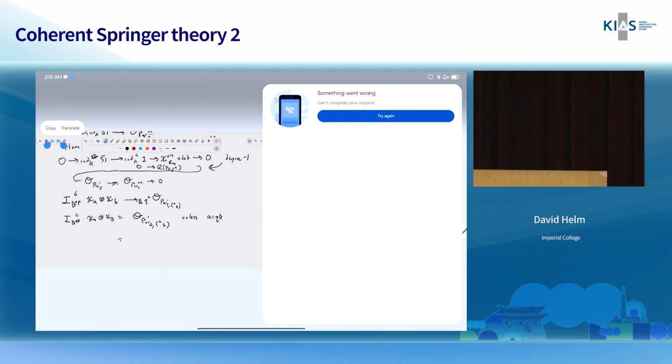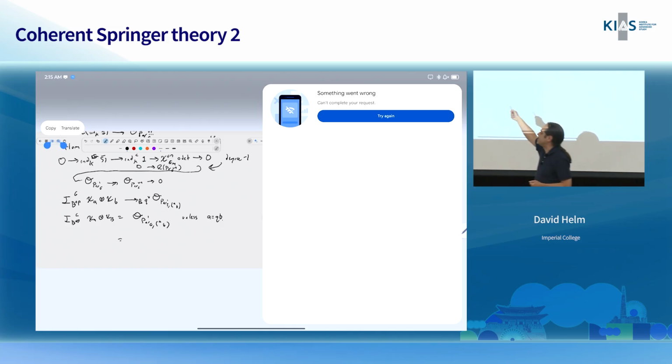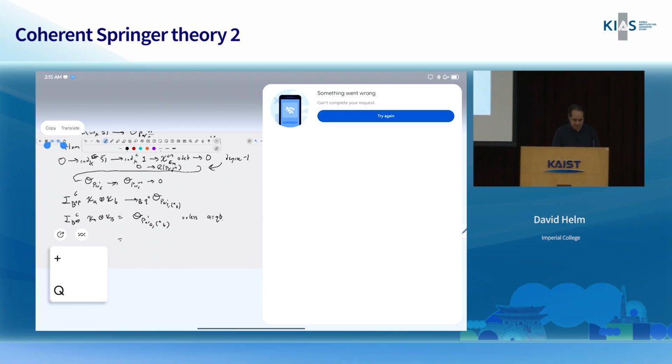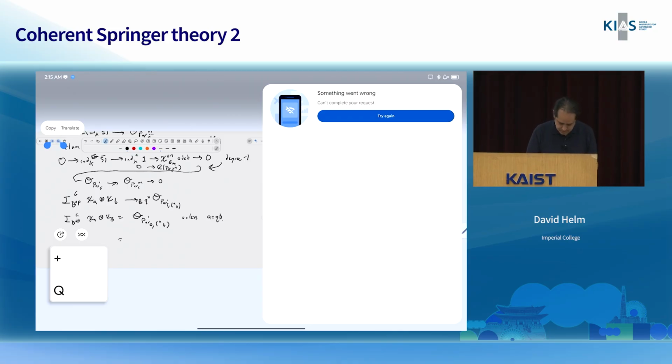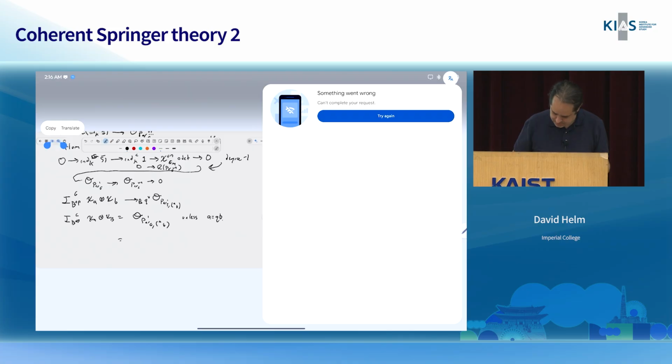Sorry, let me say what I mean by this locus Par_G AB. I mean the locus where the semi-simplification of Frobenius is conjugate to diagonal AB. Okay, let me just stick that in.